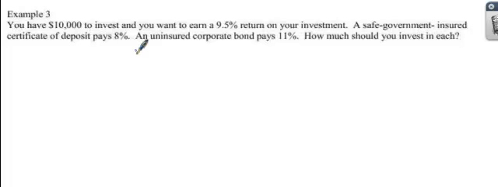We don't know how much to invest at each, so let X equal the amount invested at 8%, because that's what we need to know. Now, if I invest X of my dollars at 8%, I also have to invest a certain amount at 11%, and I want to define a variable for that.